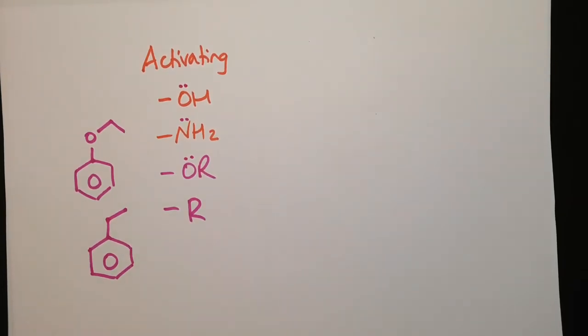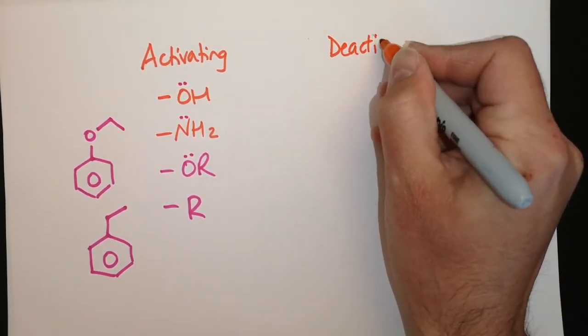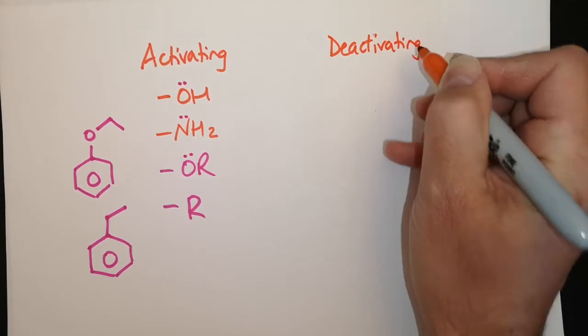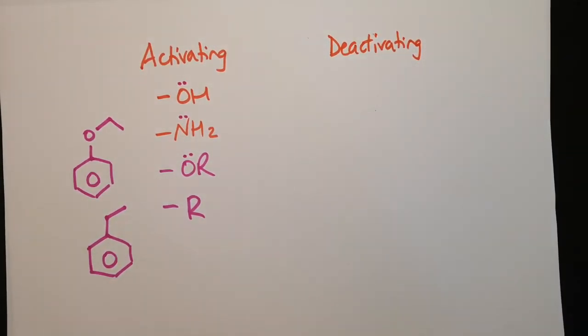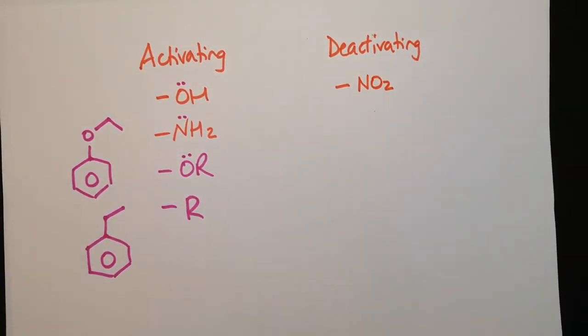Okay, on the other side, let's look at deactivating groups. Now, as you might be able to suggest, deactivating groups make the benzene ring less reactive. And the really common one that you need to know for the A level is the nitro group. So we've seen nitrobenzenes before.